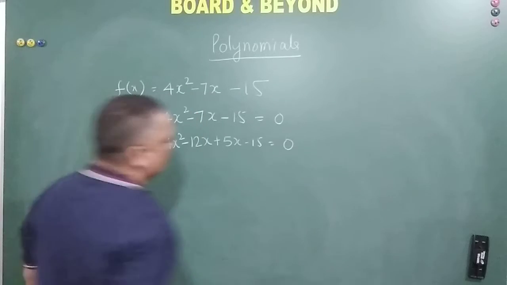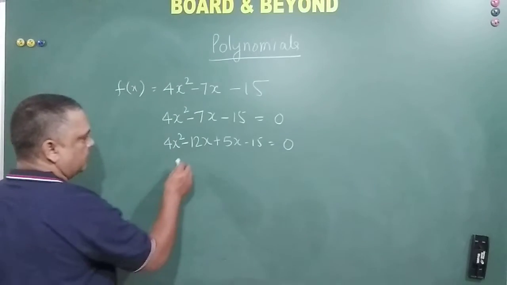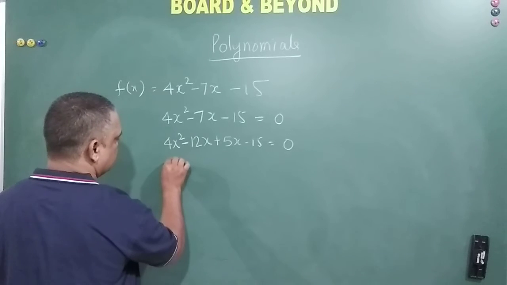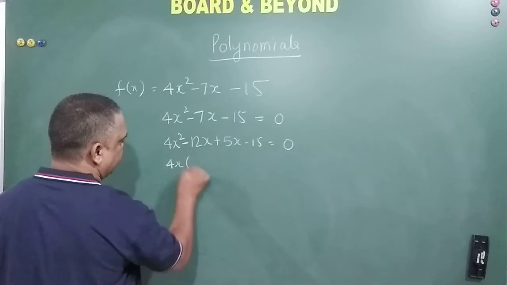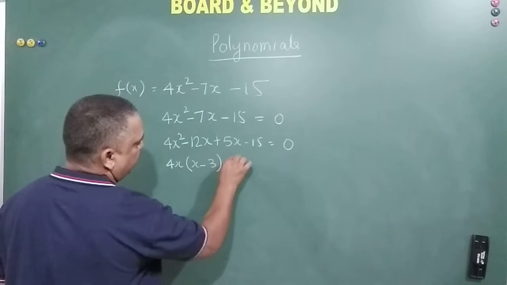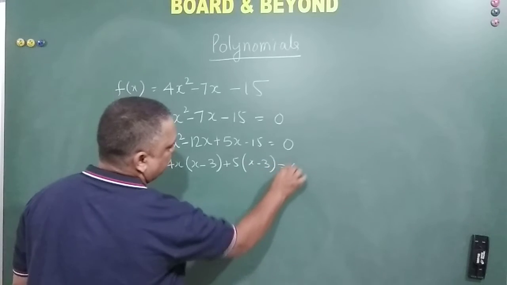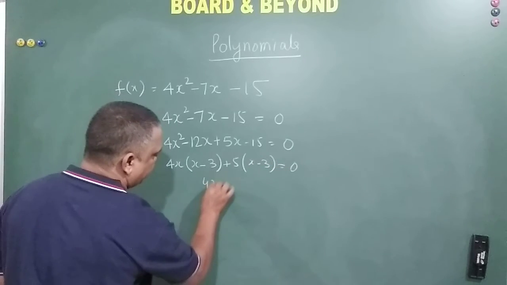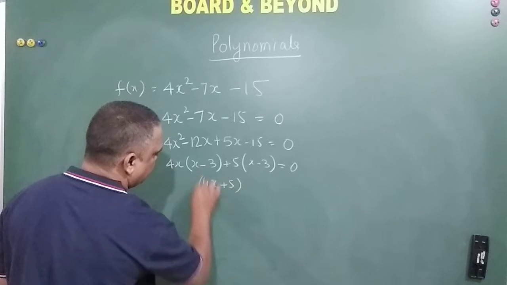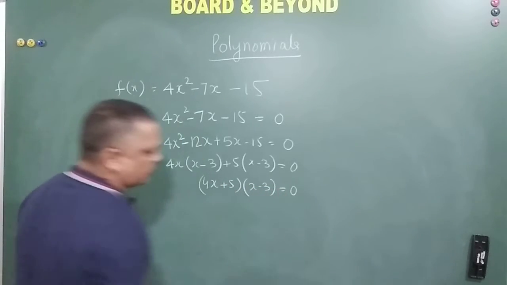Since I told you in the earlier classes, we will go a little faster on this. So if we take 4x common, this leaves me with x minus 3. If we take 5 common here, it leaves me with x minus 3 is equal to 0. So 4x plus 5 into x minus 3 is equal to 0.